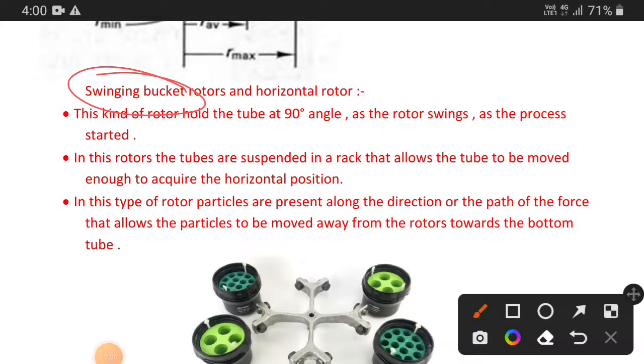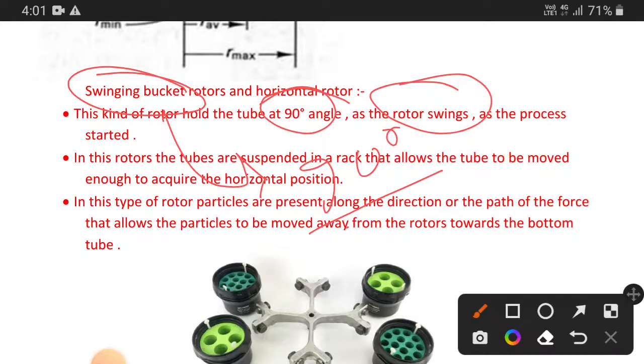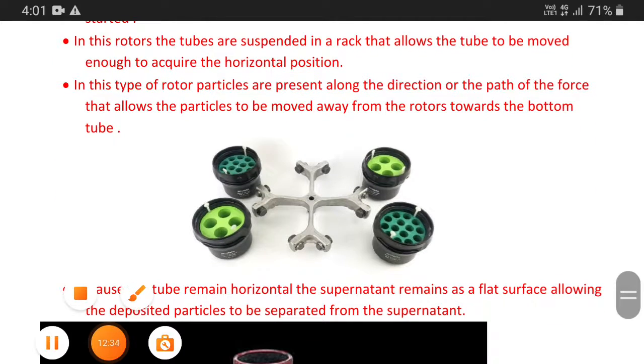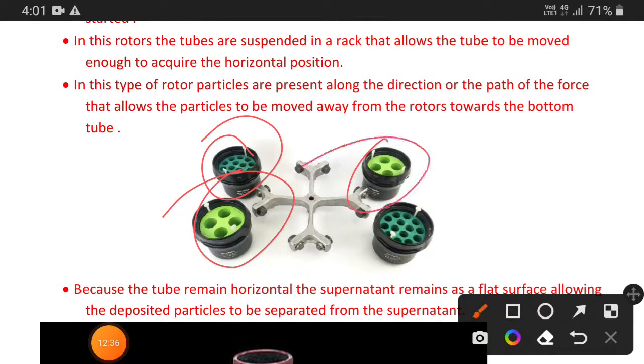So here the tube will be at a 90 degree angle when the rotor starts swinging and the process starts. That is why here the tubes are suspended in a rack so that they can easily move to acquire a horizontal position. As you can see, tubes are suspended in that kind of rack.